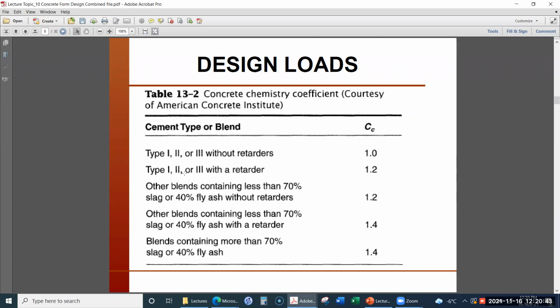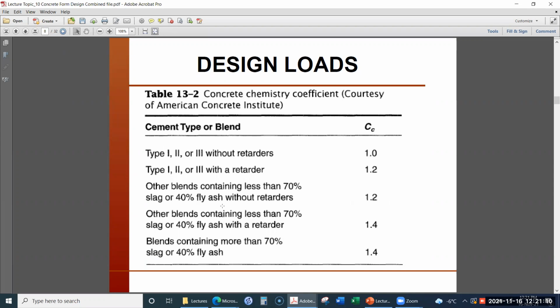If it is type 1, type 2, or type 3 cement used with a retarder, we will use 1.2. Because when there is a retarder, the concrete will set at a slower pace, so the effect of the lateral pressure on the form will be more. Therefore, CC will be greater.